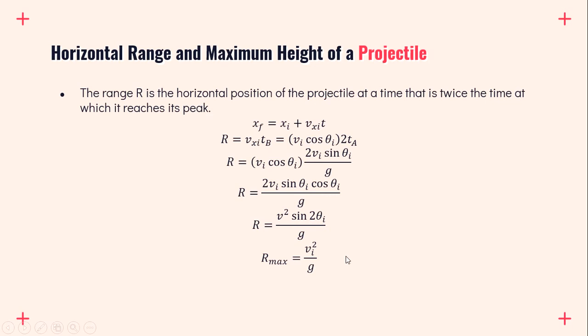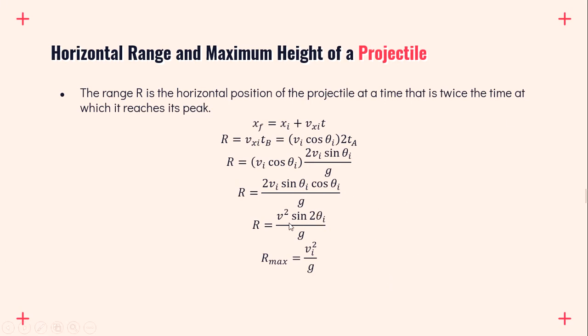So to calculate the maximum range, the optimal angle at which you can throw a projectile to give the maximum range is 45 degrees. And why is that?